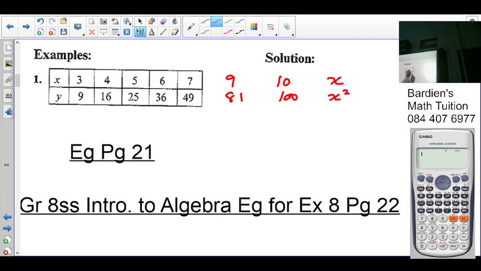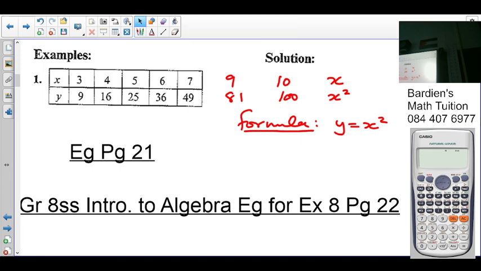X squared. You guys see that? So my formula would be Y is equal to X squared. Does that make sense, people? Who's confused? You all understand? No? Am I moving too slow? Huh? Okay.